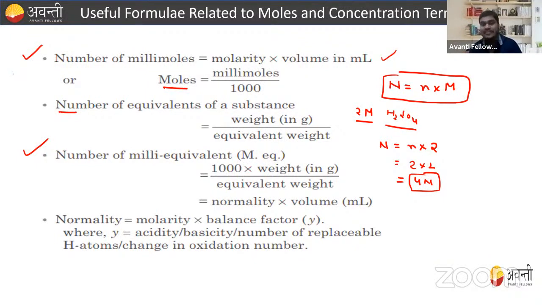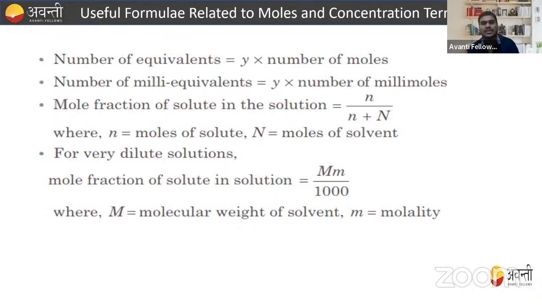So this is all about the n factor. If you know the n factor, then we can calculate normality, which is equal to molarity into n factor, also called the valency factor, where it is the acidity, basicity, number of replaceable H atoms, change in oxidation state, and so on. Okay, so this is the very important relationship between normality and molarity.